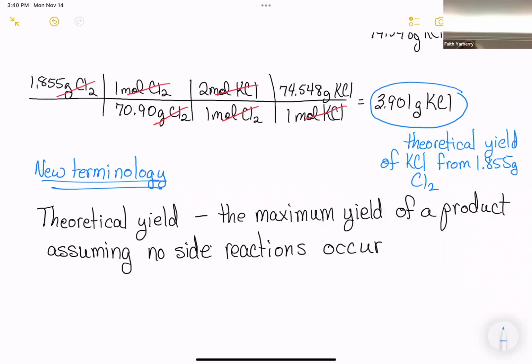I am not going to discuss it in this class, but in future classes, you will talk about percent yield, which works with the theoretical yield, but it also works with what's called the actual yield, which is how much you really got from the experiment.